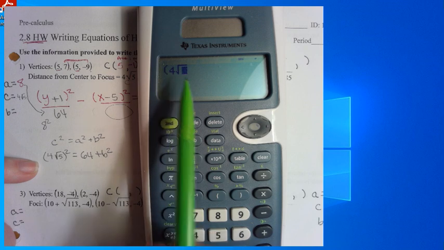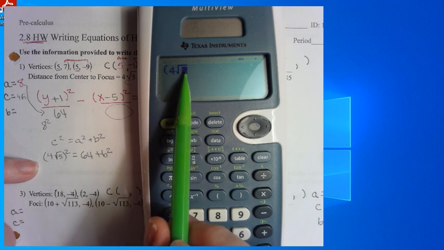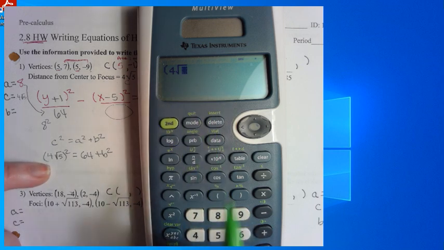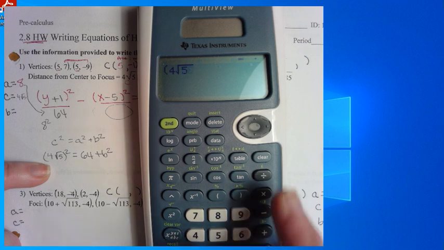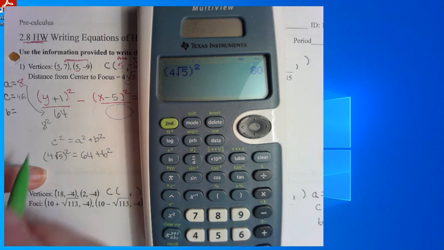If you're not there, it will take the parentheses away once you get there. Go to math type. Okay, 5. And then get out from under that, close the parentheses, and square it. You can hit second, caret to the second power, or you could just hit squared. Either one will get you there. When you hit enter, it will give you the right answer, 80.